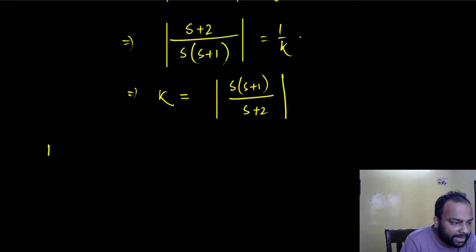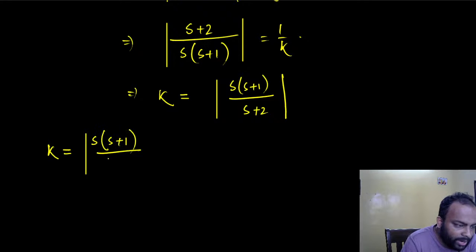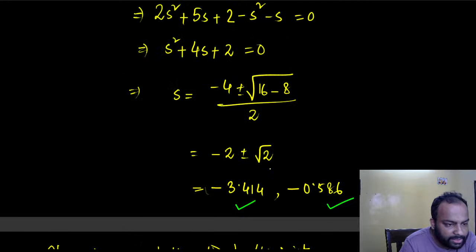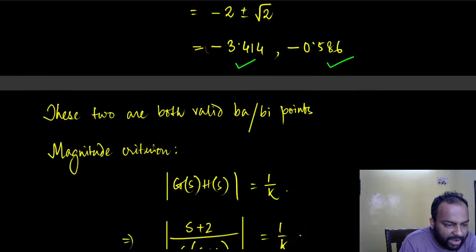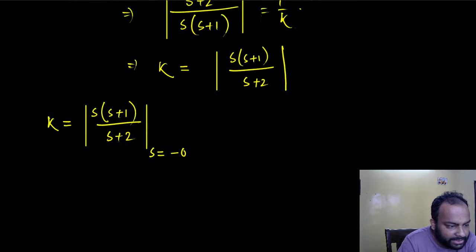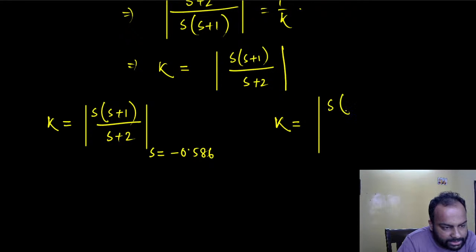Now let's calculate the magnitude for different values of gain, different values of s, right? So let's calculate what is the gain when s is minus 0.586, and also let's calculate the required gain to reach that point when s is at minus 3.414.